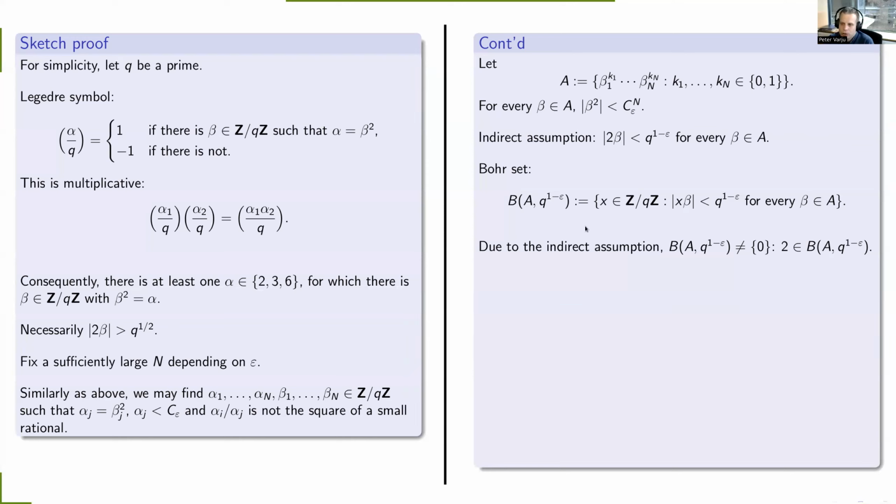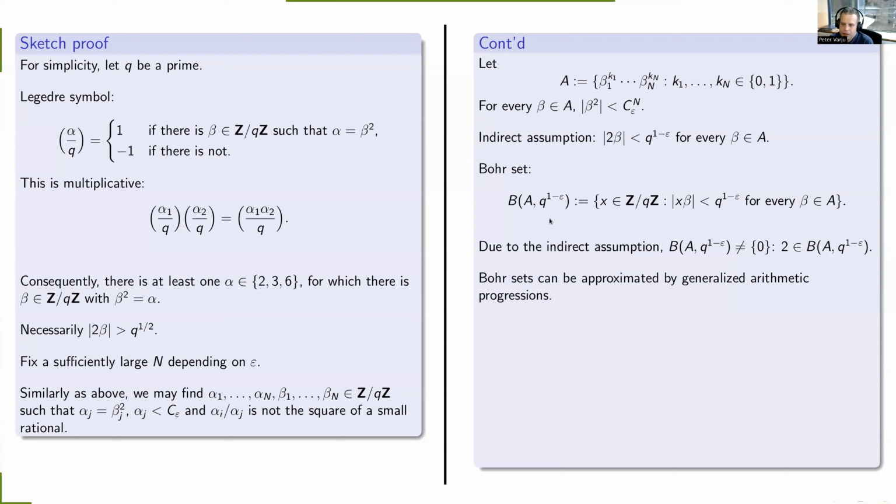So what you should think about is that to A there are some corresponding characters, and the Bohr set is the set of points in physical space where all the characters are very close to 1. Okay, so this is how to think about the Bohr set.